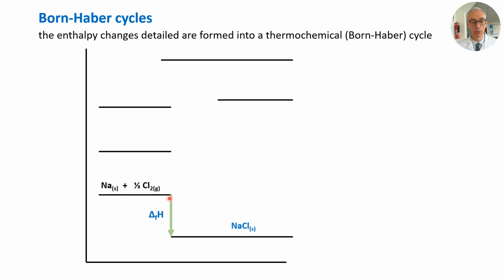So we're going to apply Hess's law and say that this route going from sodium and chlorine directly to 1 mole of sodium chloride will be equal to all of these changes, which I will add the detail for, added together. That is our basis of applying Hess's law, that is a Born-Haber cycle.